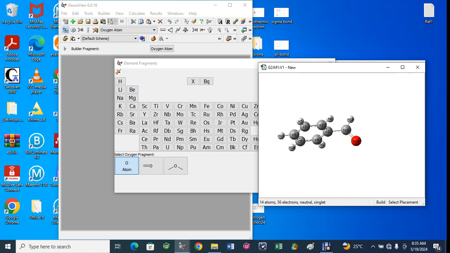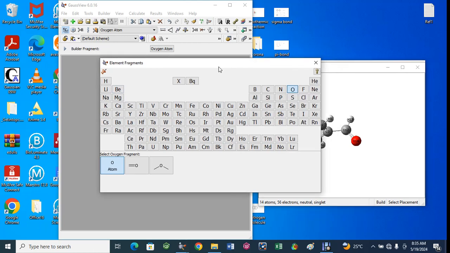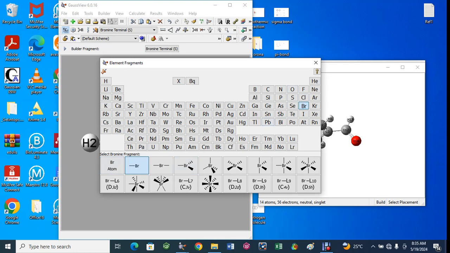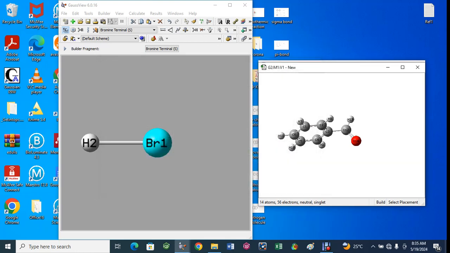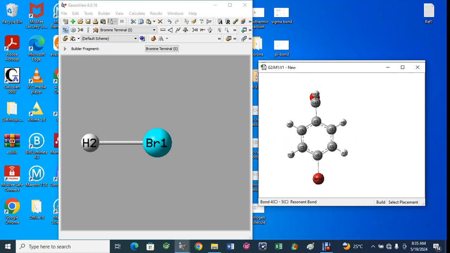I can also come here. That is 4-bromine. I said 4-bromobenzaldehyde. Then you can see the bromine. I place this here, selecting ordinary bromine. Then wow, we already have a structure. Our structure is already ready for analysis. This is 4-bromobenzaldehyde.